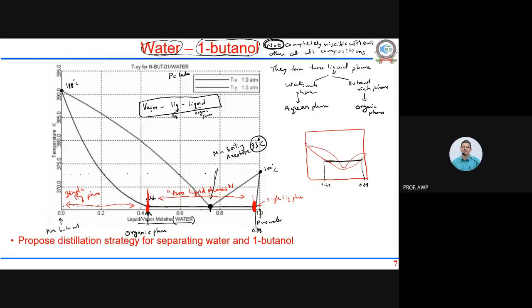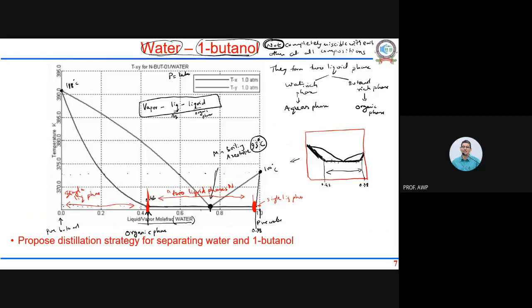Rather, it looks like this black line, because anywhere in between it splits into two phases. So the bottom portion of this red curve doesn't look like the red curve. It looks like this black curve. Do you agree with that?